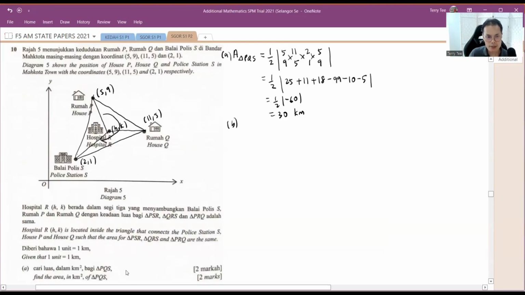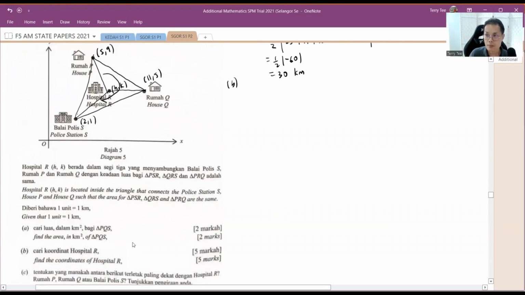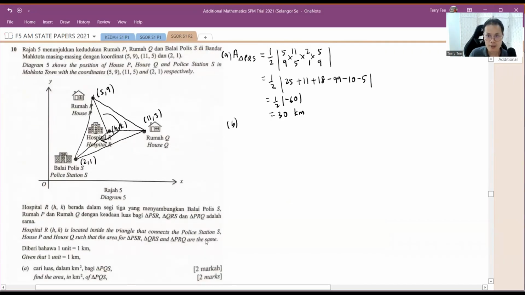Okay. Second part, find the coordinates of hospital R. Okay, so to find the coordinates of hospital R, right? So we know this area, all three are the same. So we need to form two equations, right?